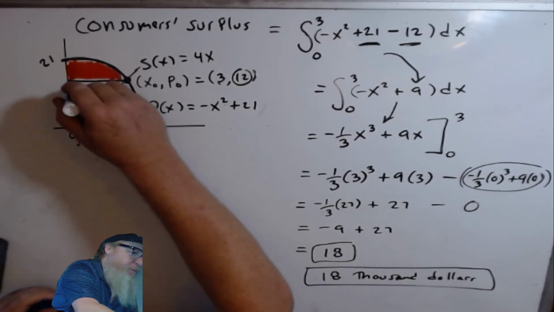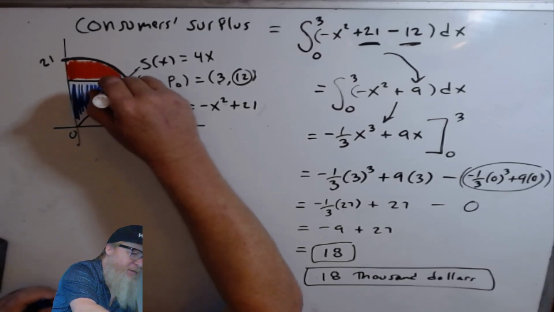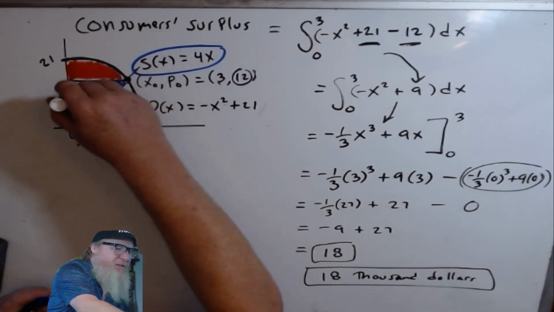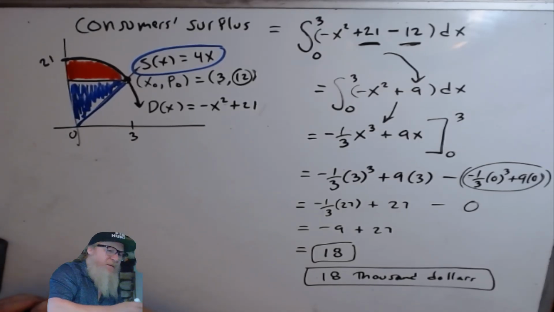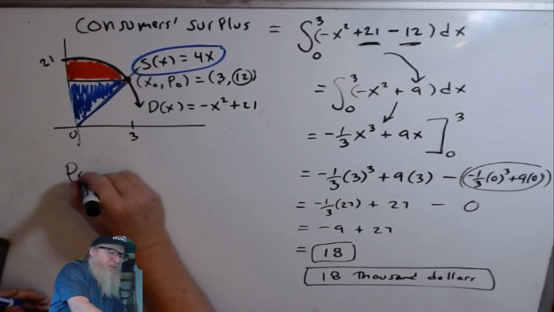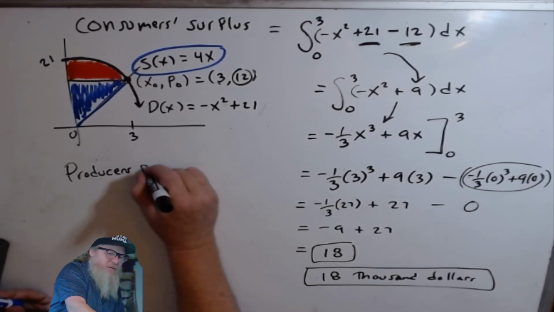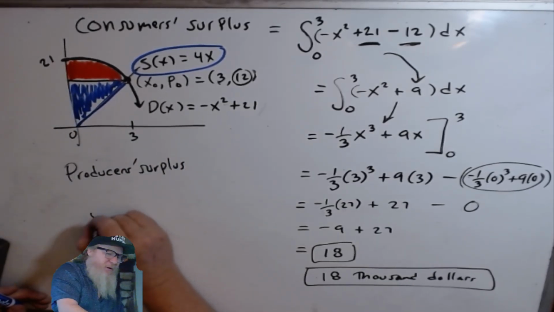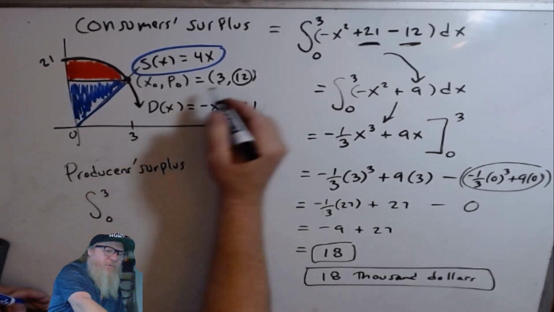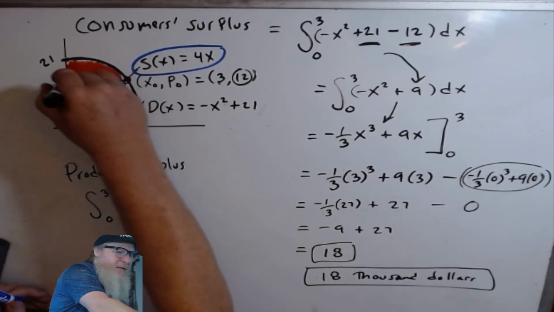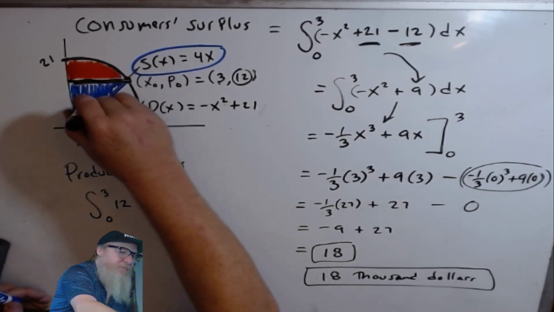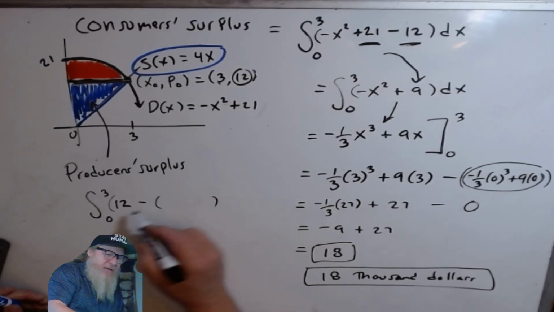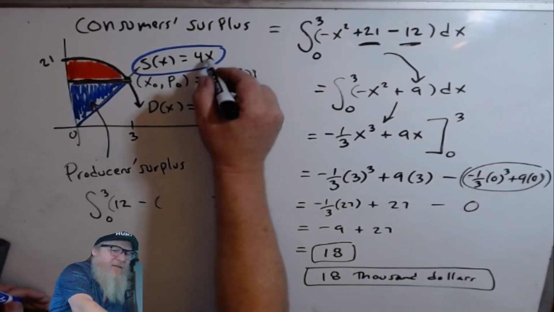I want to remind you what the producer's surplus is. And because the supply is a linear curve, you actually don't need calculus for this. The producer's surplus is the area under the equilibrium. So we go from 12 as the ceiling. Minus, now you got to be careful, you're subtracting the supply.